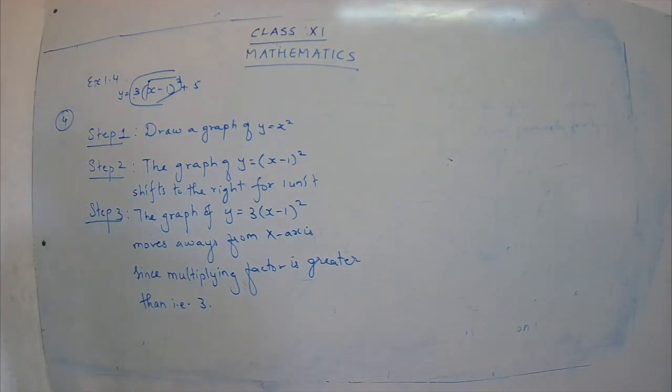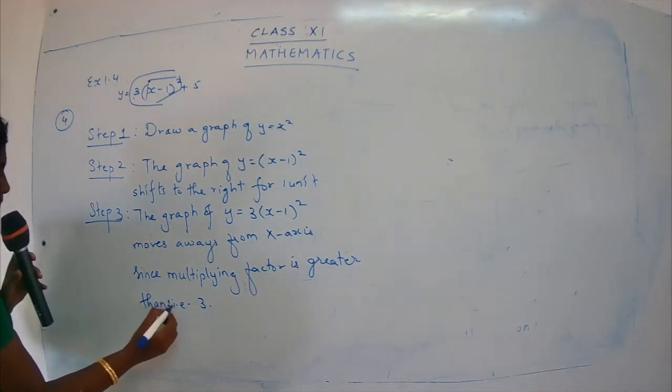Okay, so why is the graph moving away from the x-axis? Because the multiplying factor is greater than 1, that is 3 here. The multiplying factor is 3, which is greater than 1.